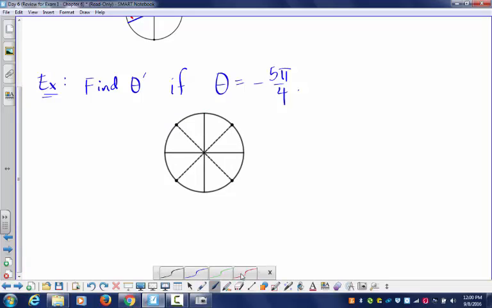So, negative 5 pi over 4: there's 1 pi over 4, 2 pi over 4, 3 pi over 4, 4 pi over 4, 5 pi over 4. That takes us right there, to that terminal point. And what is the reference angle then? Pi over 4. It's always the angle between the terminal ray and the x-axis. So theta prime there is going to be pi over 4.